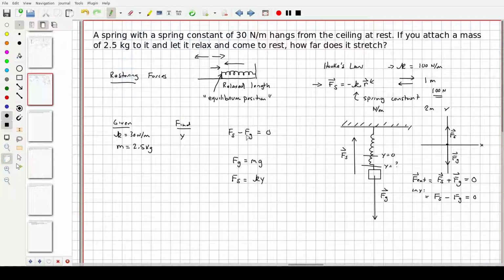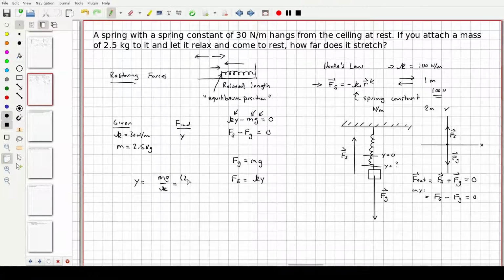Now, if we plug these things in here, I have k times y minus mg is equal to 0. We know g, that's just 9.8 meters per second squared. We know the mass, that's easy. We know the spring constant, and we're trying to find y. So if you solve for y, it's mg over k.